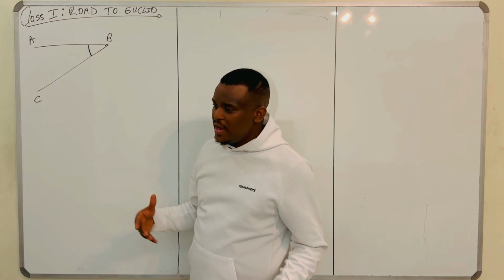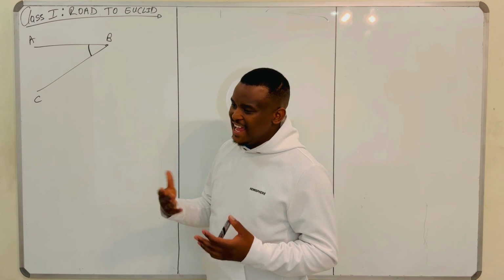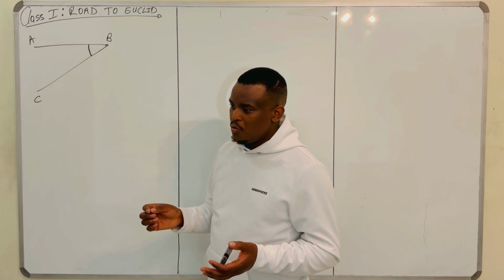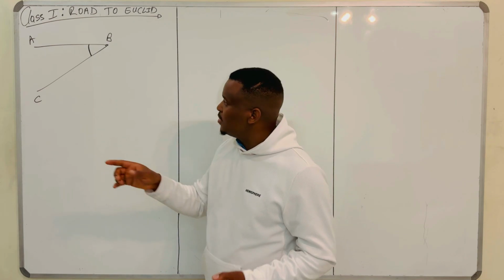The way we symbolize angles is a letter with a caret. What is a caret? It's that thing that looks like a V, like a cap on top of it. What is that angle?